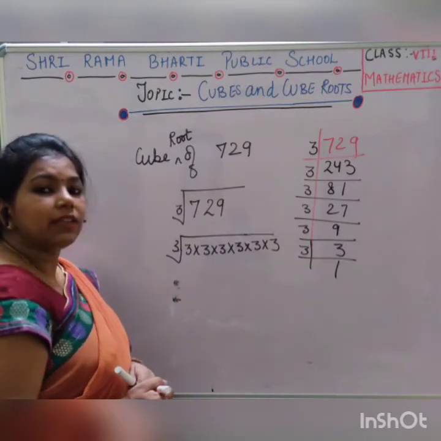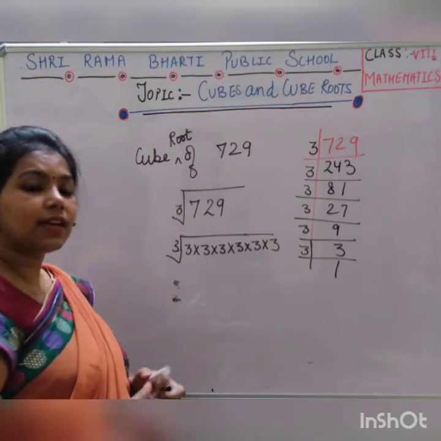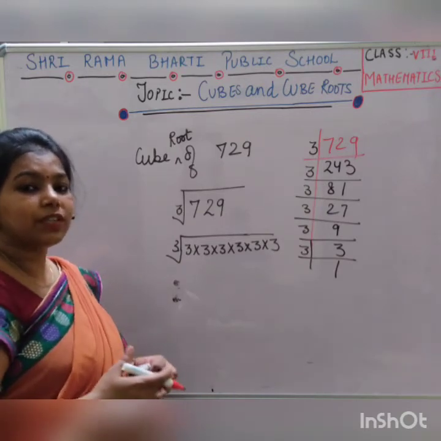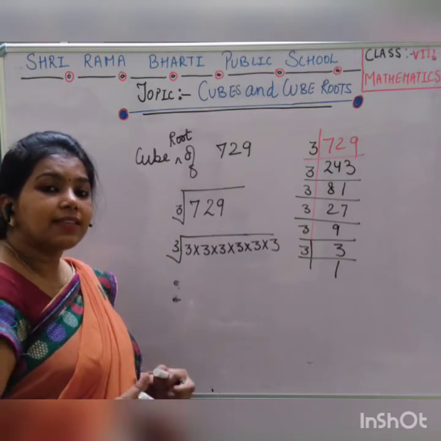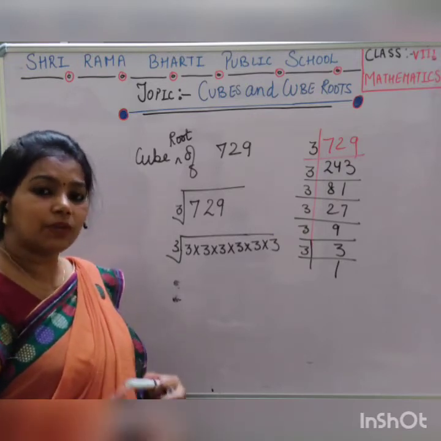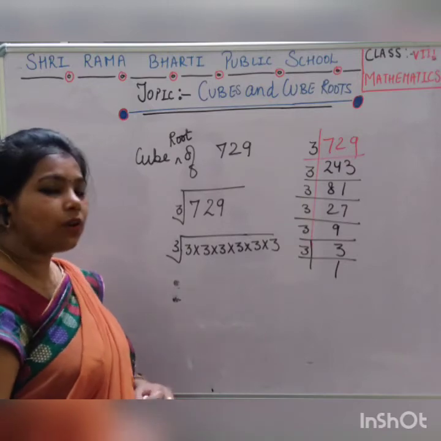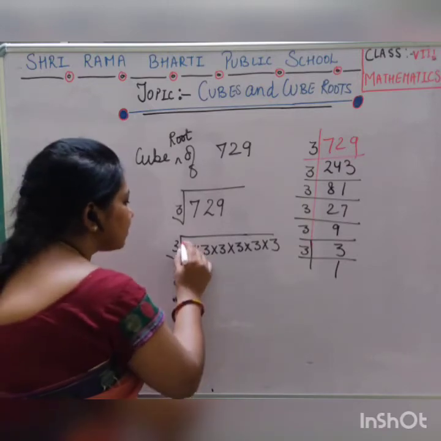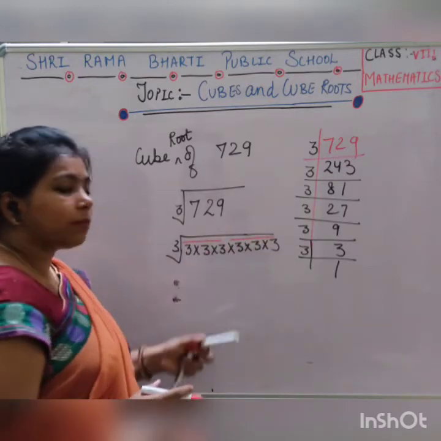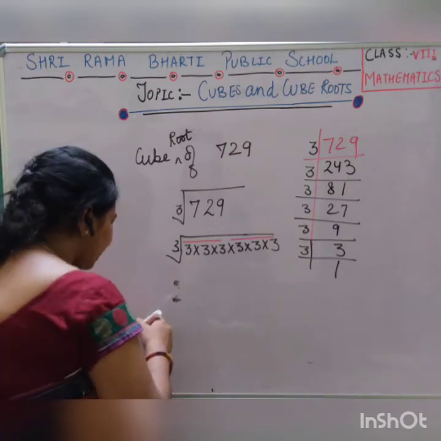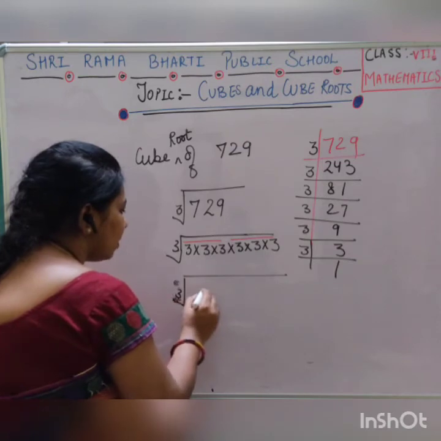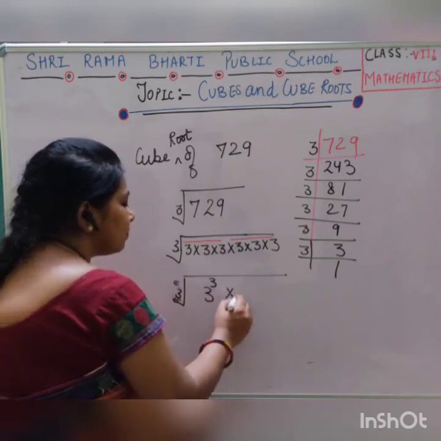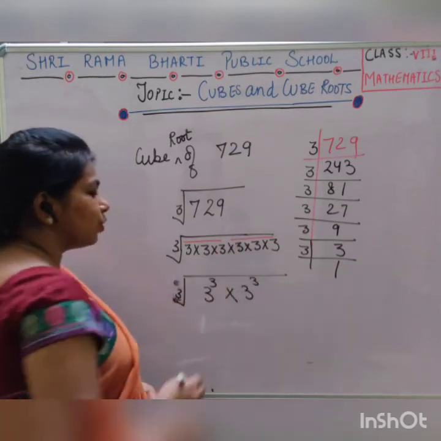Now we will make the triplets as we have already discussed. To check for a perfect cube number, the factors have to form a triplet, right? So here we will also form triplets. Now we can see they are forming the triplets. So we will write it as 3 cube times 3 cube.